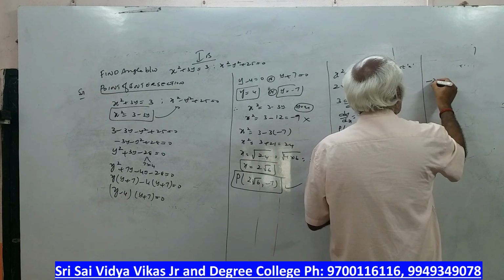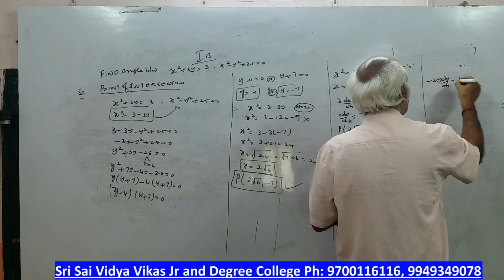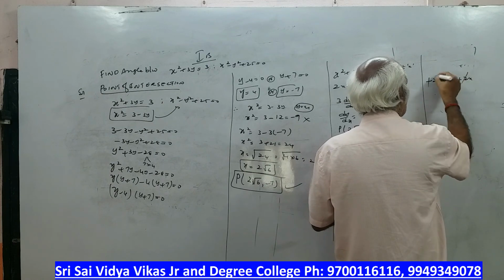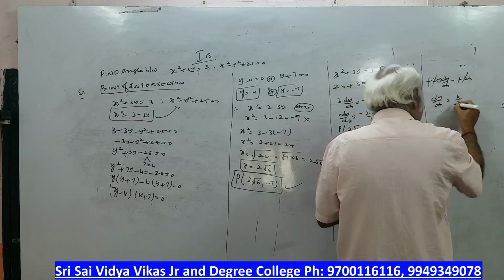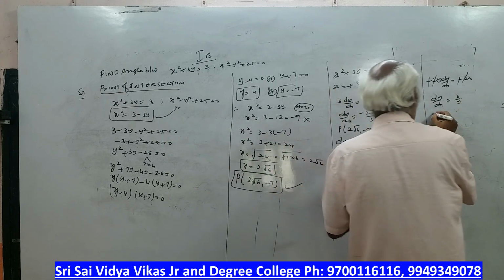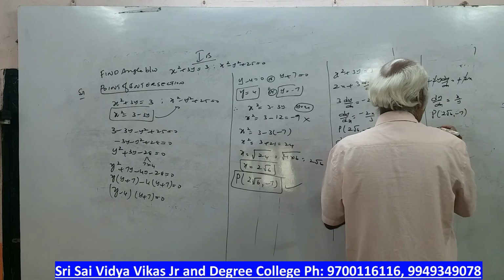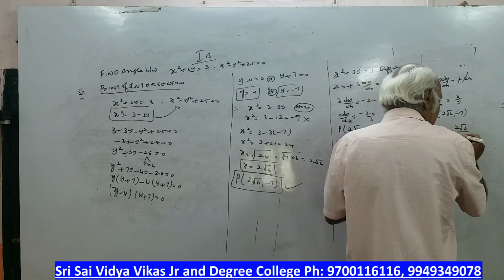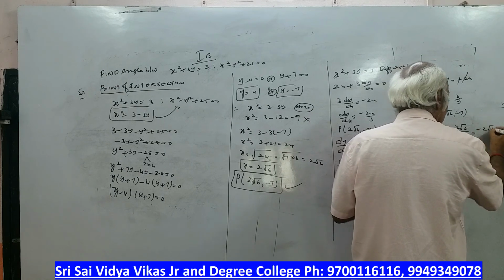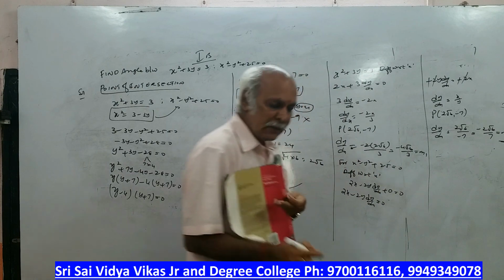So minus 2y into dy by dx is equal to minus 2x. Minus minus will get cancelled, 2 will get cancelled: x by y. What is the point? 2 root 6 comma minus 7. Therefore, it is minus 2 root 6 by 7, which is m2. You got m1, m2.